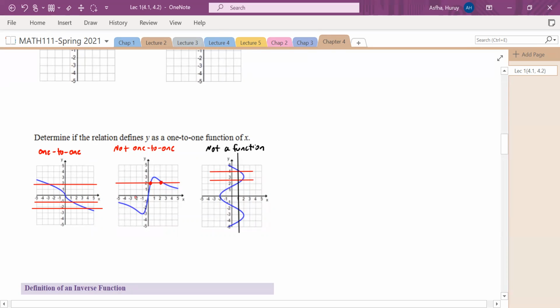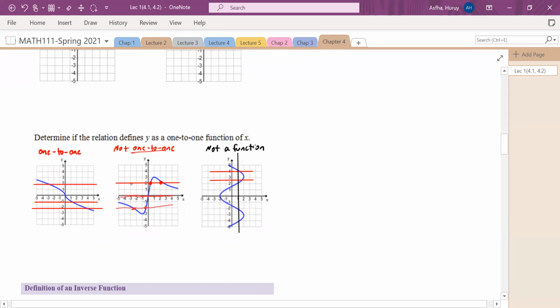This one, let's say if I draw a horizontal line here, it touches the graph only once, right? But if I draw another line here, it touches the graph at two different points, and here at two different points. Because we found some points that are touched by one horizontal line, this is not a one-to-one function.